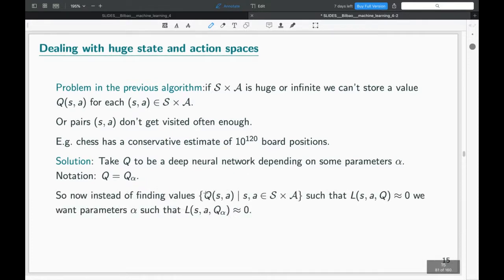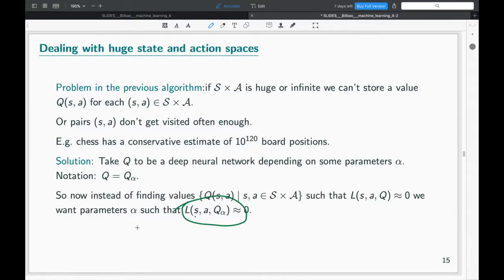So now instead of finding all these values, one value for each state action pair, such that this is minimized, we just want to find a set of parameters such that this is minimized on average for the pairs (S,A).